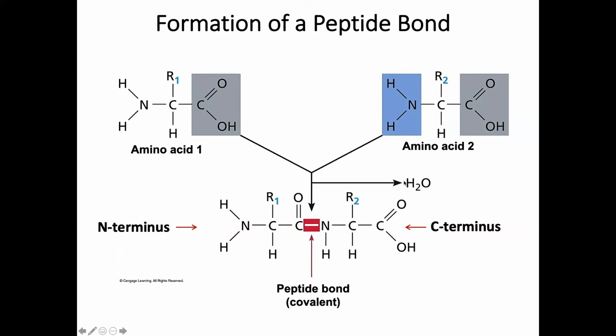The peptide chain can be extended as amino acids are added, and we always call the end with the amino group the N terminus, and the end with the carboxy group the C terminus. When we describe a protein sequence, we always follow the order from N terminus to C terminus, similar to 5' to 3' in DNA and RNA molecules.